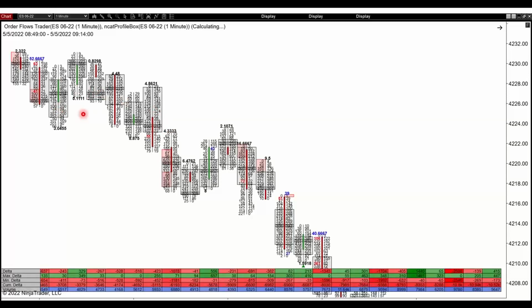Again, you can adjust it. Some people say it's really 68%, but 70% is the industry standard. And you can start to see how value areas get rejected by the next bar or the subsequent bars.